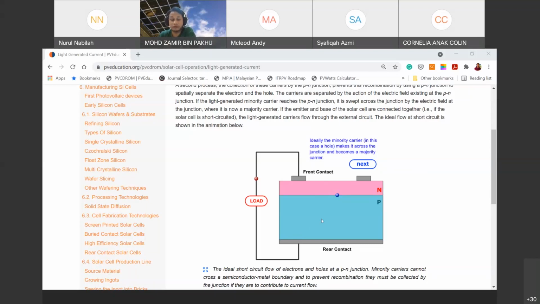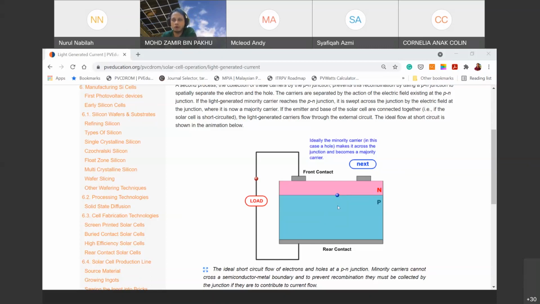So the challenge is really for the hole, because hole was generated in terms of electron hole pair in n-type beforehand, right? So therefore, it has to cross the p-n junction in order to be collected by the junction, in order to be swept into the p-type region and survive as a majority carrier in p-type region, okay?